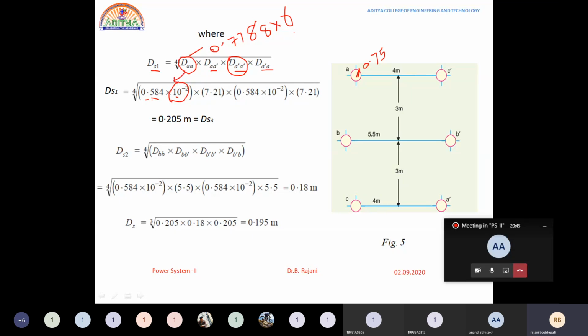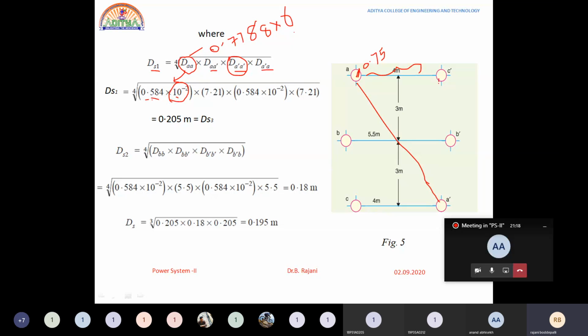Now DAA dash. See here, this is the placement of the conductor and we need to find the distance from A to A dash. What is the value of it? It is the square root of 6 meters squared plus 4 meters squared. How do we see this? This is A dash over here and this length is 4 meters.